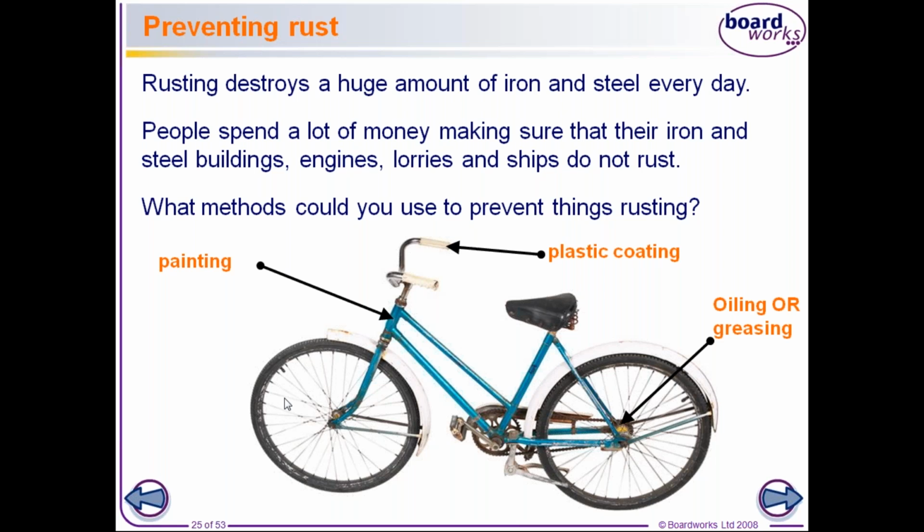We want to block the contact of metal with oxygen and air. We need to put a barrier between them. It can be done by painting, plastic coating, oiling, or greasing. All of them work in the same way. They act like a physical barrier and don't allow oxygen and water to contact the metal.